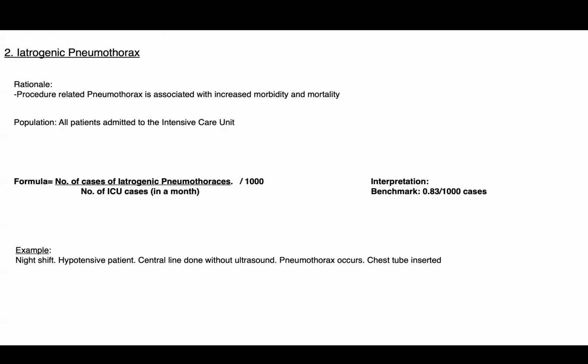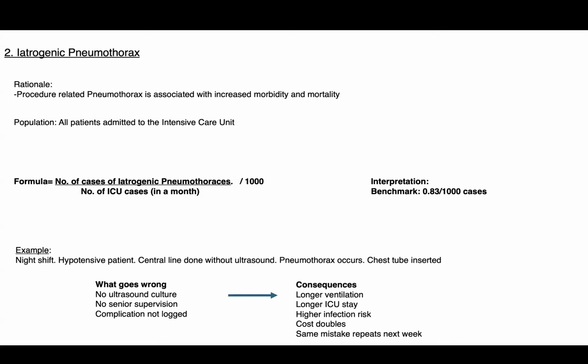For example, why is this important? During a night shift, you have a hypertensive patient, a central line is done without ultrasound, pneumothorax occurs, and a chest tube is inserted. What goes wrong is there was no ultrasound culture here, there was no senior supervision, and the complication was not logged.